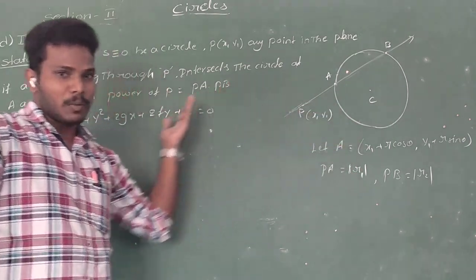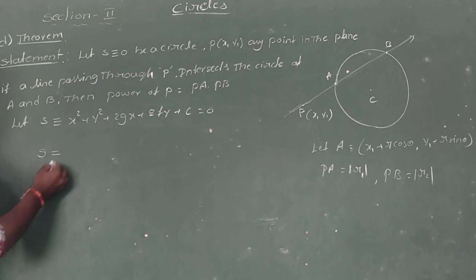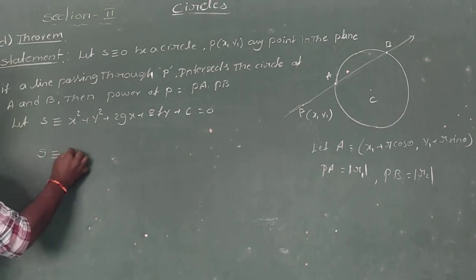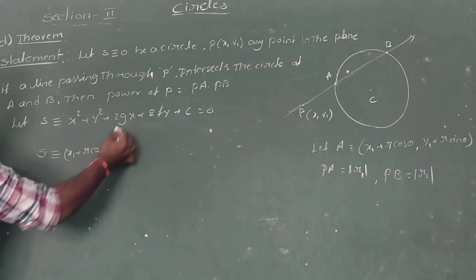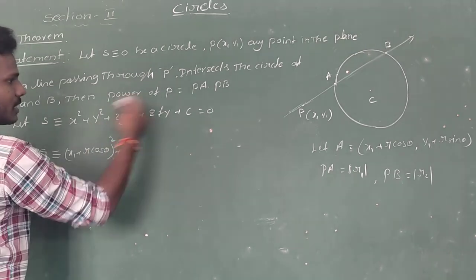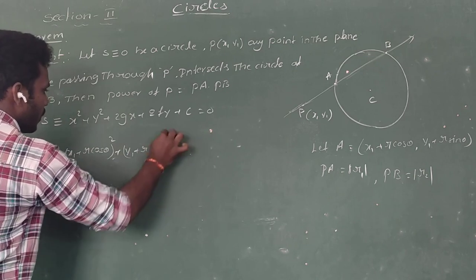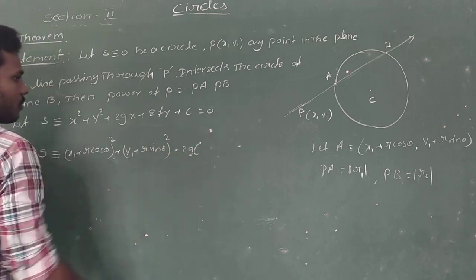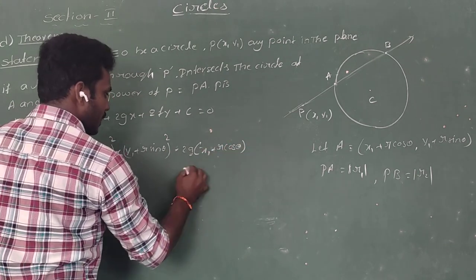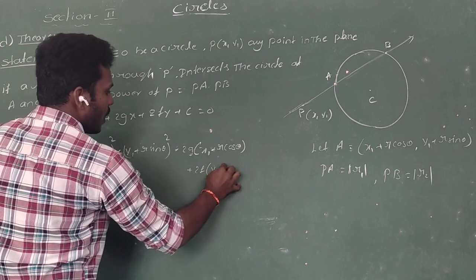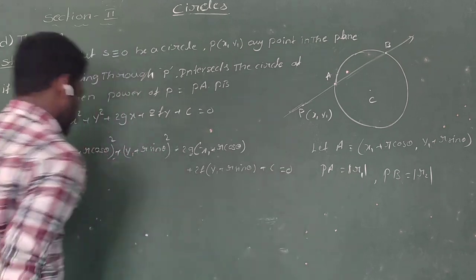That's why the point can be substituted in this equation S. So x means x1 plus r cos theta whole square, plus y means the second point, y1 plus r sin theta whole square, plus 2g of x1 plus r cos theta, plus 2f of y1 plus r sin theta, plus c is equal to 0.